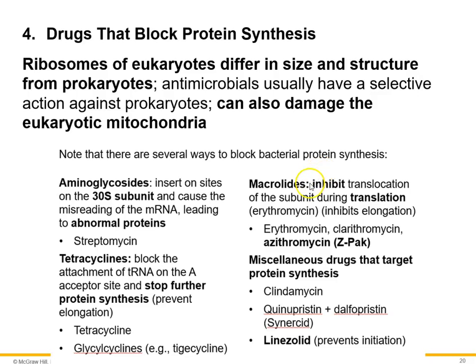Macrolides inhibit the ability of the ribosome to move down the mRNA molecule and read it. Linezolid prevents the assembly of the ribosome and prevents the ribosome from starting to read the mRNA molecule. We'll go through these in detail, just to give you an idea of the underlying mechanisms behind these different protein blockers. But the big picture I want you to remember is that all of these drugs block bacterial protein synthesis, and they do it by inhibiting the bacterial ribosomes.